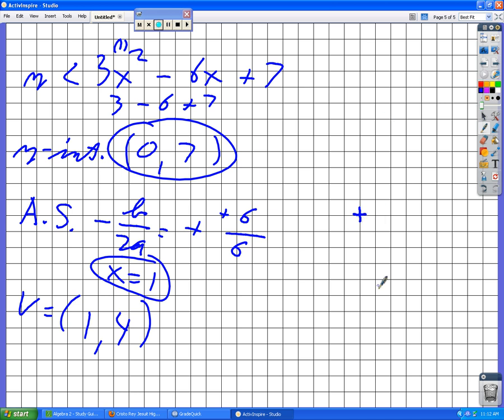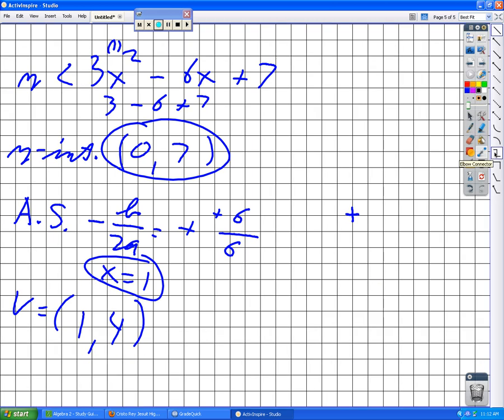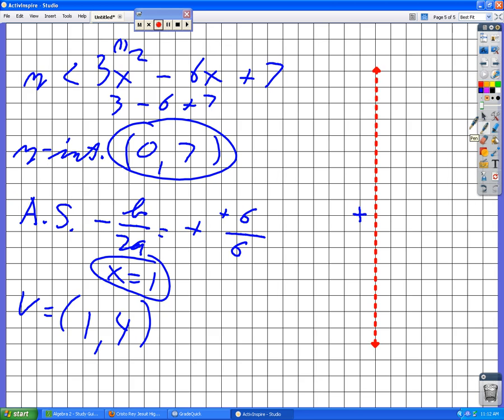I'm going to put the line in as a dotted line, because an axis of symmetry is always dotted. It's not part of the actual curve. It just helps us do the problem. Now we need the vertex, which is on the dotted line. It's 1 to the right, that's the line, and then it's 4 up: 1, 2, 3, 4. There.